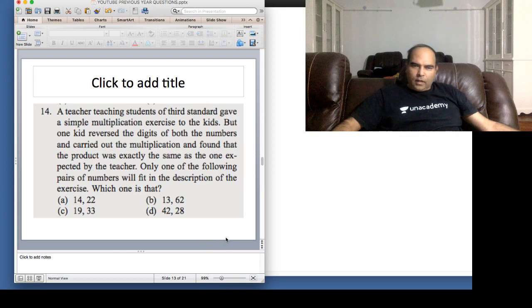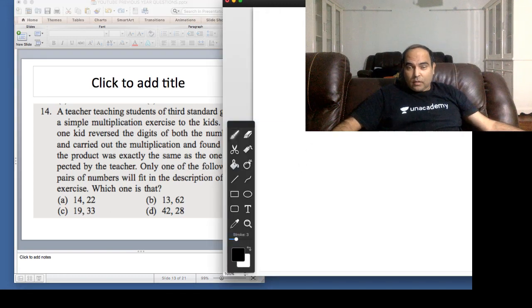On the same logic, the third option is also removed because it has the same structure. The third option says 19 into 33 will be the same as 91 into 33, and that can't happen. Something like this can only happen if both numbers are palindromes.